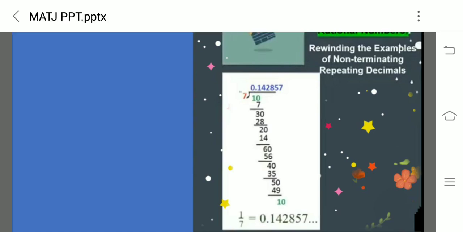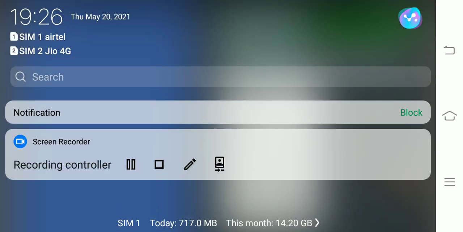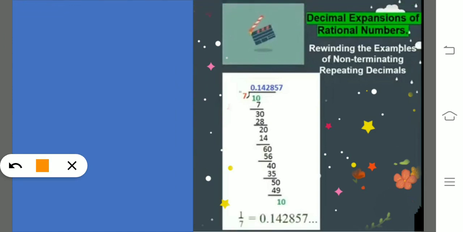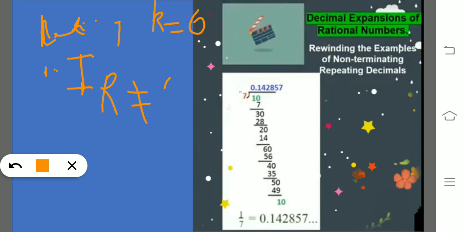The next slide says non-terminating and non-repeating. This is also an example of a rational number. Terminating says the remainder is equal to 0, but in non-terminating the remainder is not equal to 0.